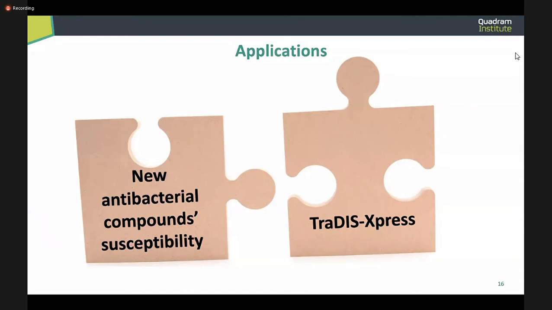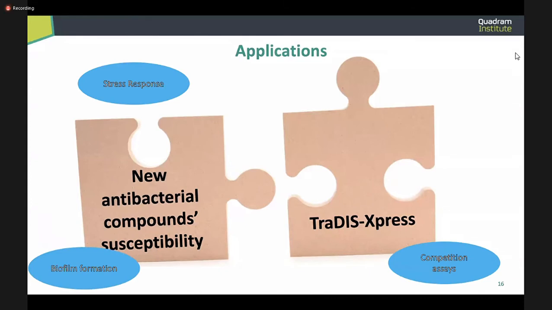Or they have synthetic compounds and have found that they show susceptibility against certain bacteria, but they don't know the metabolic pathways or the mechanism of action of those compounds. This is where TRADS Express comes in, and it can assay the whole genome and tell what genes are important in what particular condition. And this is one application.